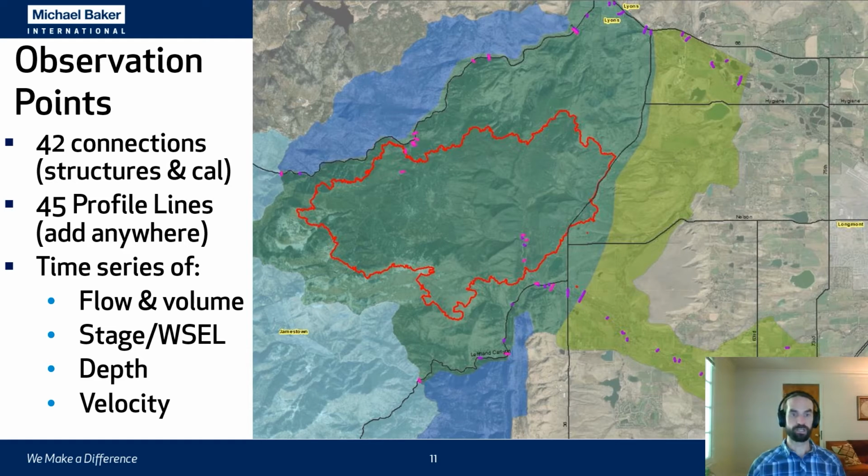Many of the locations that we added after the fact were important roads identified by the Office of Emergency Management for Boulder County. At both the connections and the profile lines, we're able to predict flow, volume, water surface elevation, depth, and velocity.